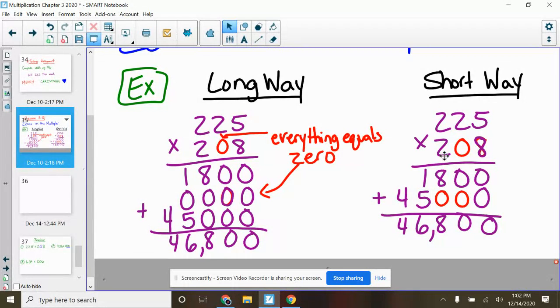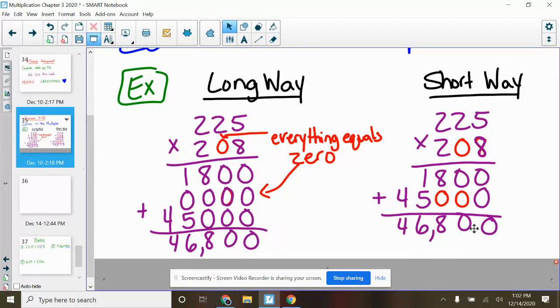And now let's start moving over with my hundreds place. Okay. And if I add all this stuff together, you can see it adds up to 46,800, just like it did over here, because those zeros in that partial product are not going to change any kind of value when I add.